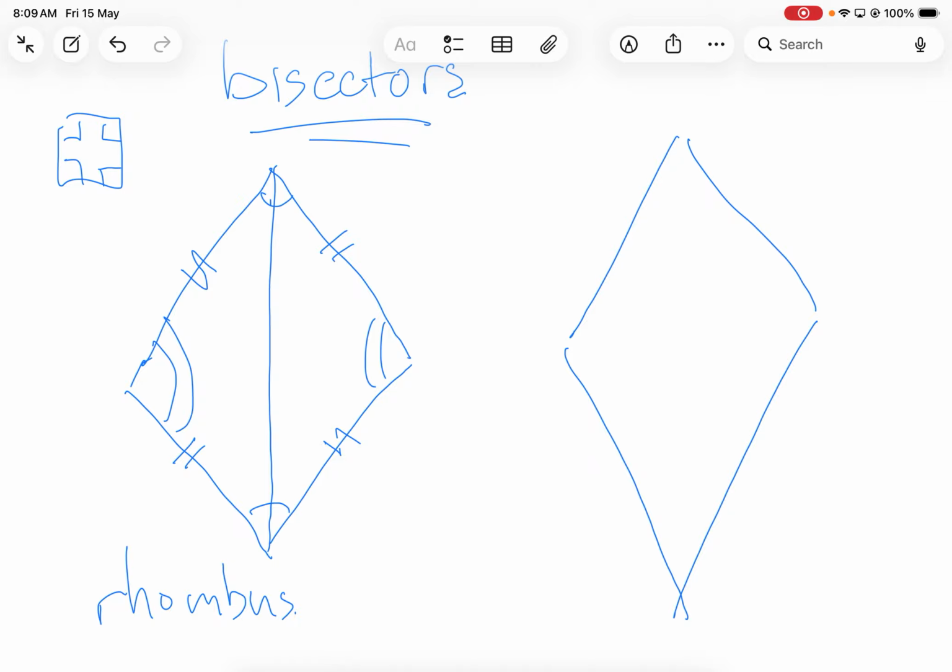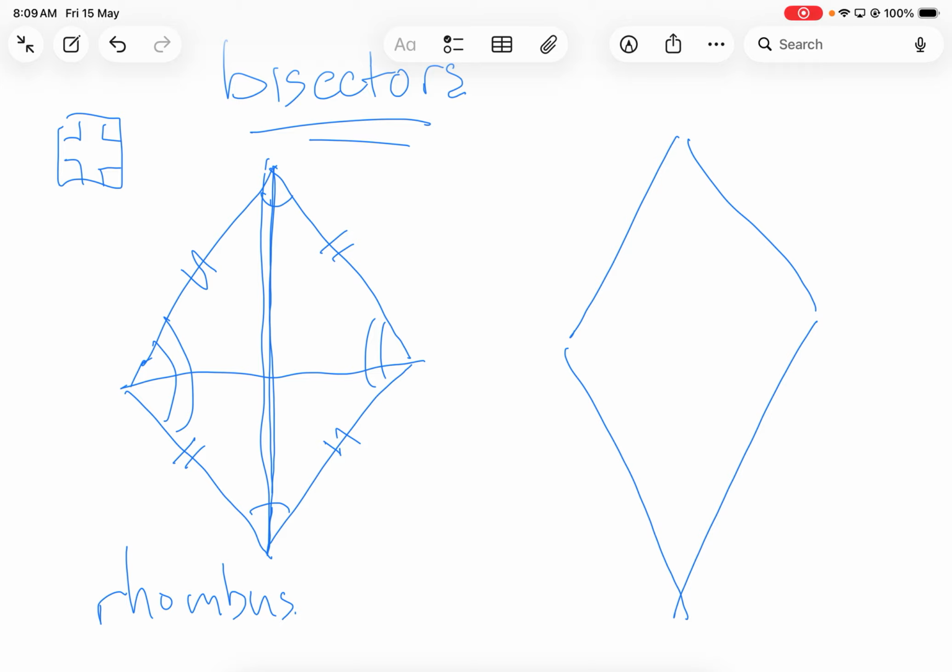And when we have these two congruent triangles, the perpendicular bisector between the diagonal will be... it's good to feel weird.